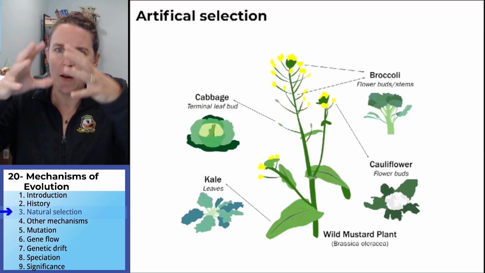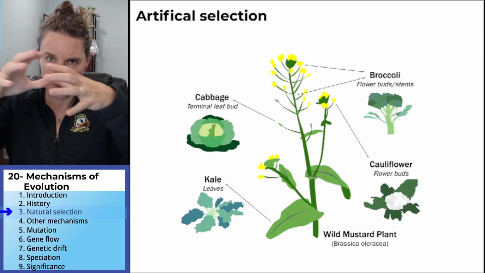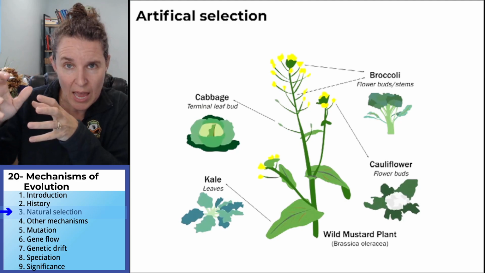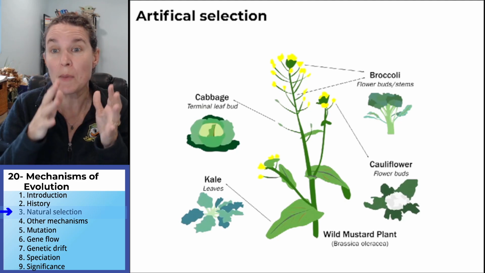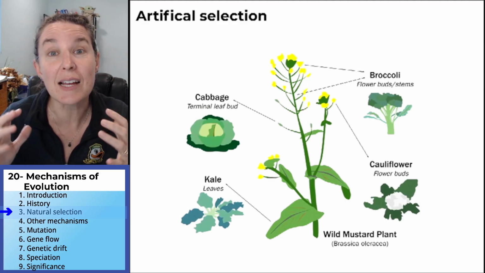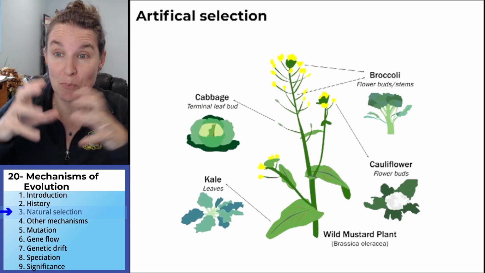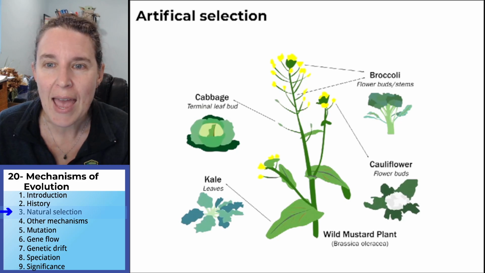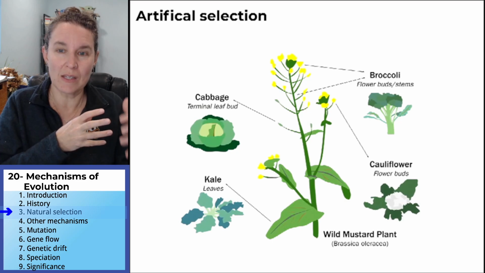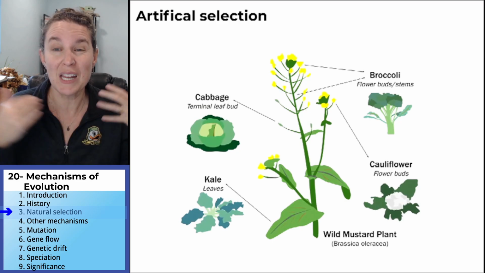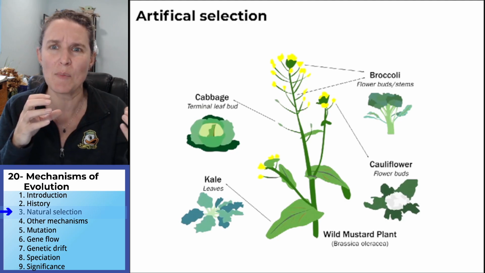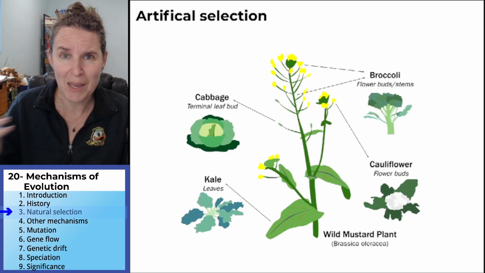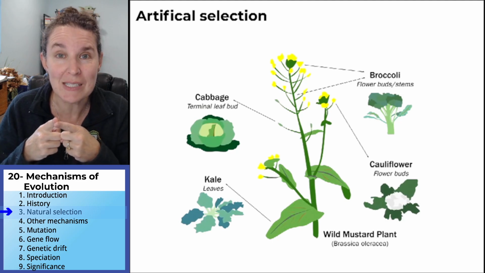Then from that crop, they picked the seeds from the ones that had the biggest flowers and stems and planted just those. Pretty soon, over time, humans created a selective pressure for flower buds and stems and made broccoli. And when they selected for the leaves to be a certain way, they made kale. And when they selected for the terminal leaf bud to be bigger and gloriouser, they made cabbage. But it's all the same species of plant.